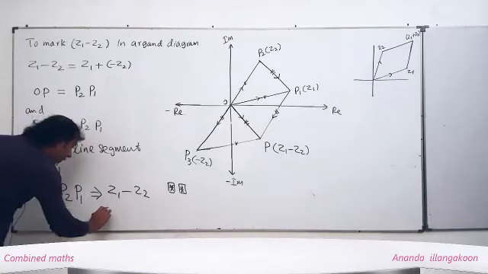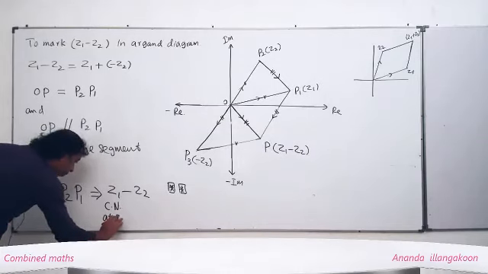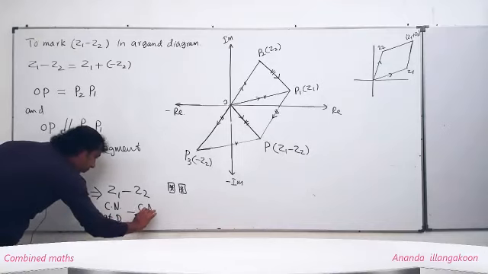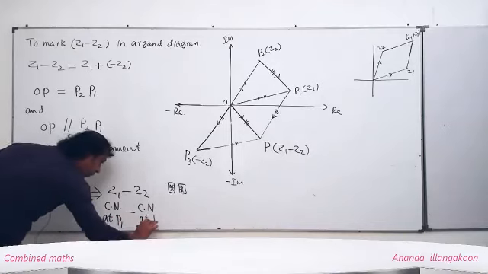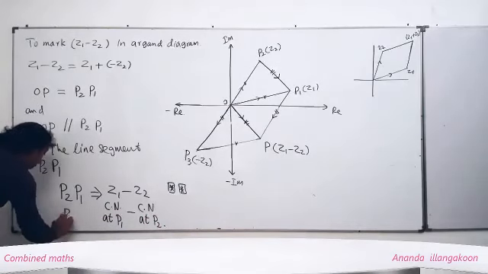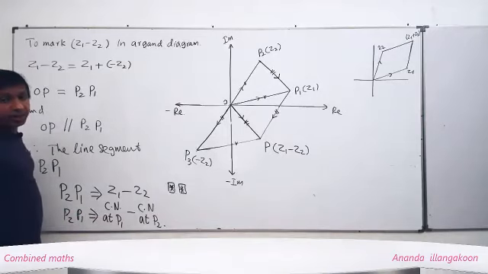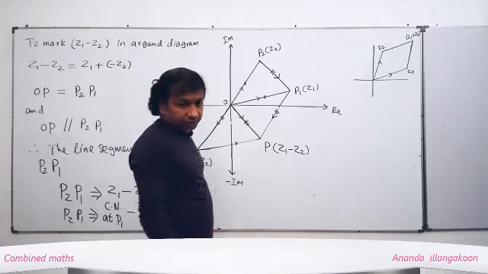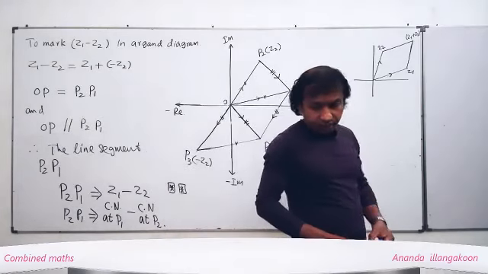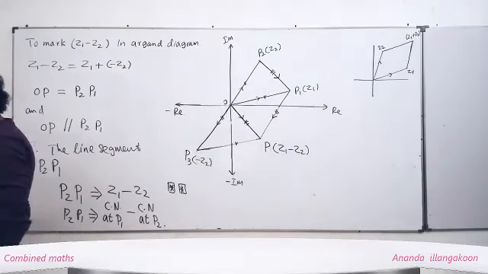Then under that you can write complex number at P1 minus complex number at P2 is the way of writing the complex number represented by a line segment. Understand, people? Right? Then again we can write this down as another note to emphasize this again.